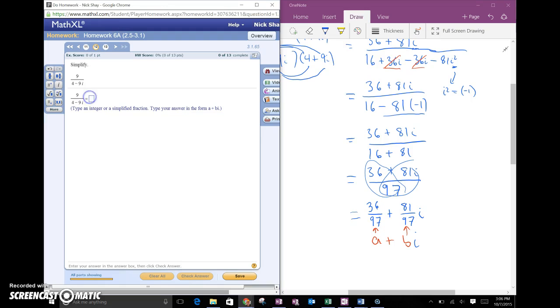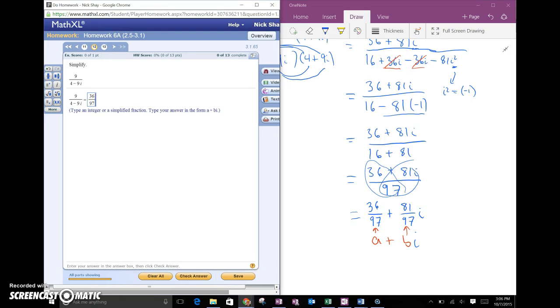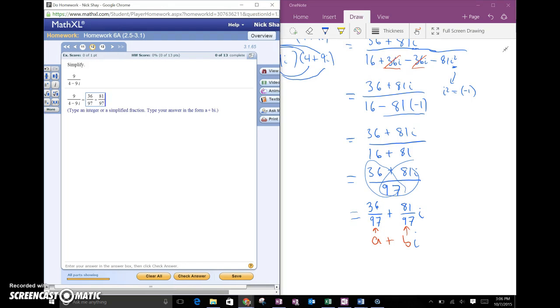I'm going to click over here and it's going to be 36 over 97, right arrow key, and then plus 81 over 97, and then I hit the right arrow key and we put an i in there. And you see we got that one there. So that's what they mean by a plus bi, is they just want the real number plus the imaginary with the i at the end.